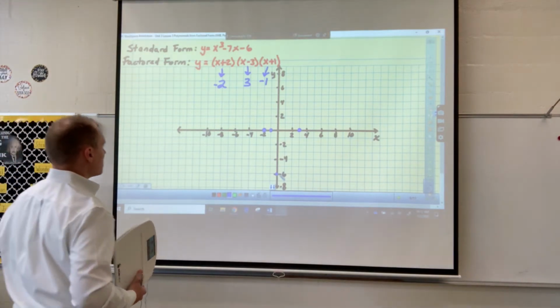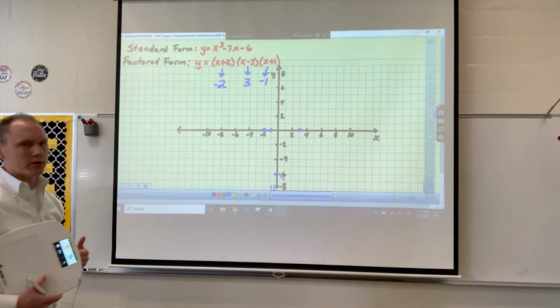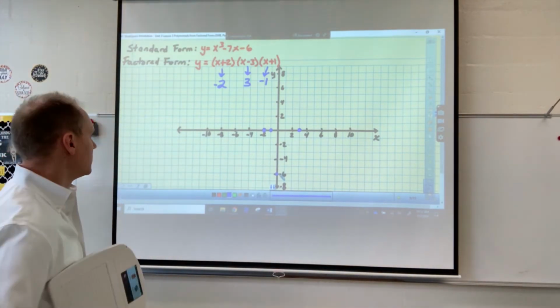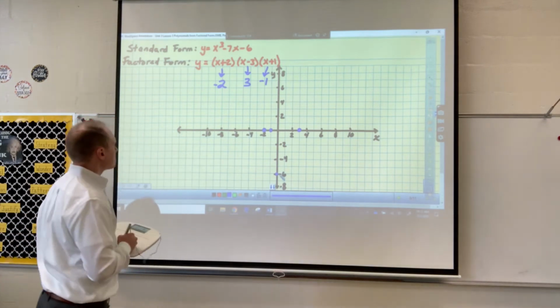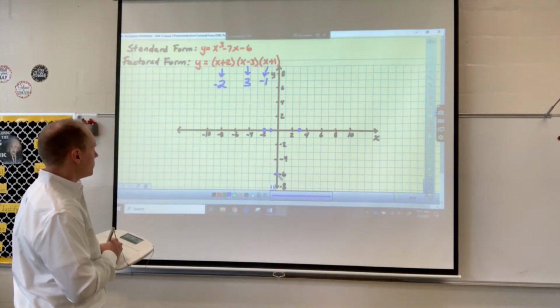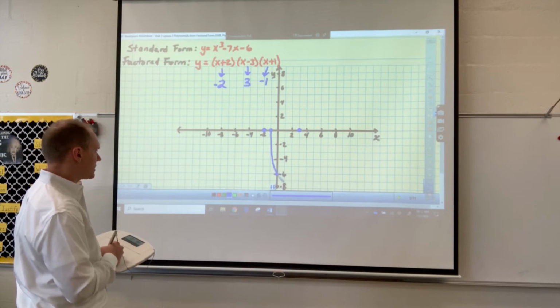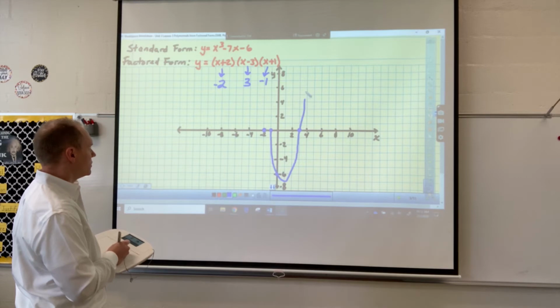So from there we have our basic setup of our points, our x-intercepts and y-intercept, and then we can put it all together to form the graph. You can see here, this point is going to connect with these two directly. It's going to come down through here, and then we don't know exactly how it acts, but it's going to come back up at some point and go back up through this point there.